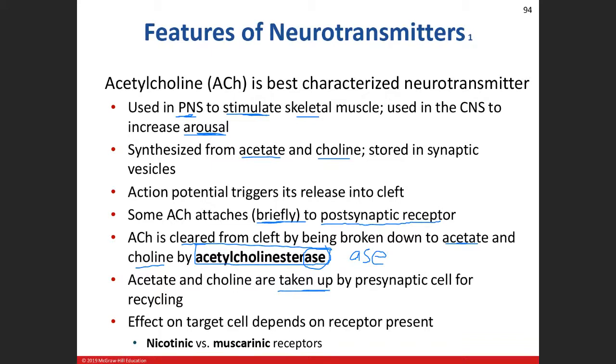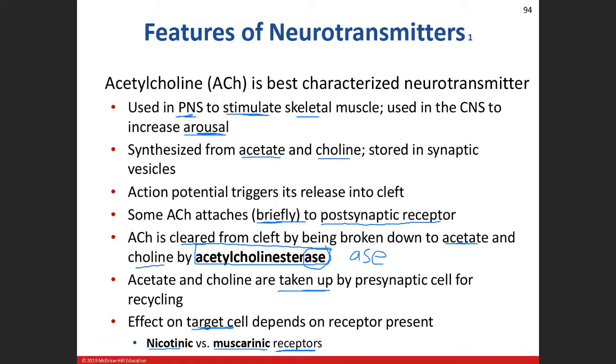How it affects the target cell is going to depend on the type of receptor, and we have two types. I won't go into detail about the nicotinic or muscarinic receptors, but those are cell receptors. When acetylcholine acts on either type, you're going to have a different response of the target cell depending on which receptor you activate.